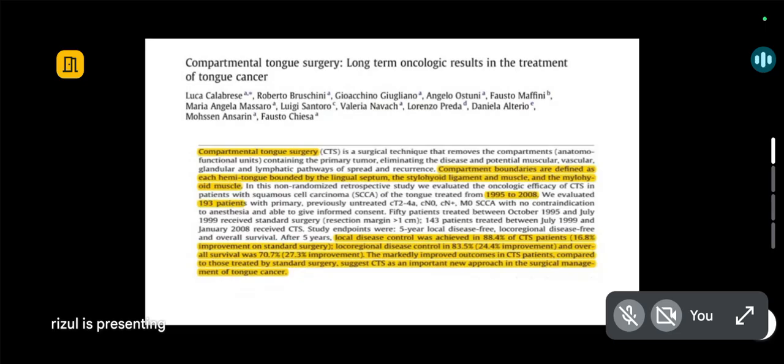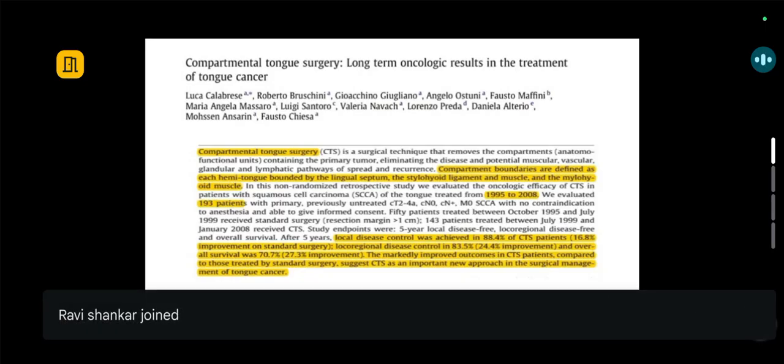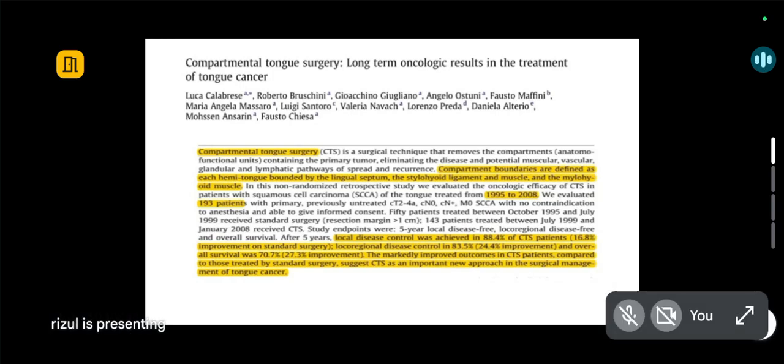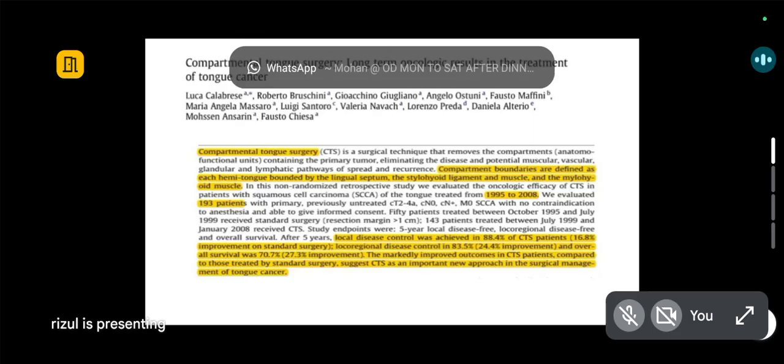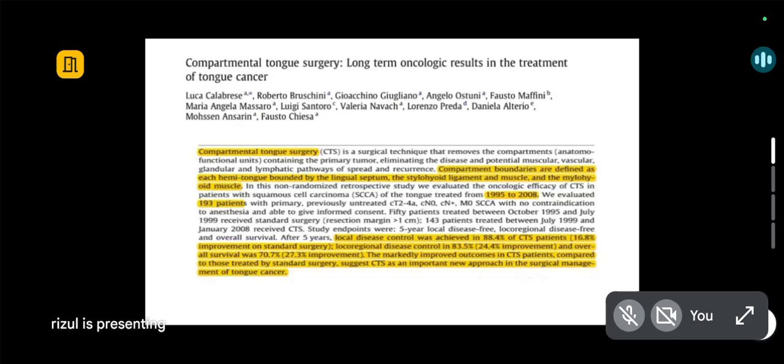Then there is one article by Calabrese regarding compartmental tongue surgery to decide the oncological results. Compartmental tongue surgery was defined as each hemi-tongue bounded by the lingual septum in the midline and further by the stylohyoid ligament and the mylohyoid muscles.